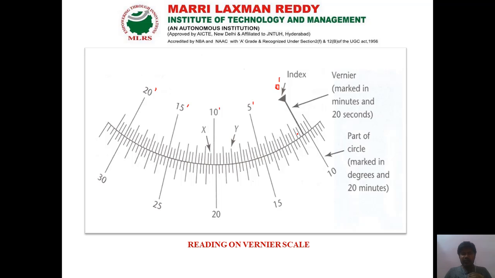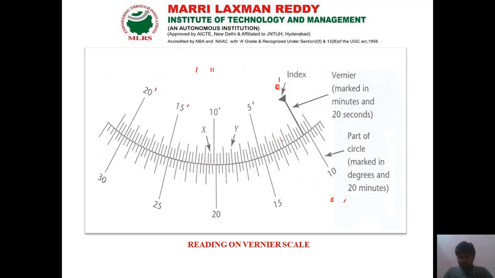So how to read the Vernier scale reading, I will explain here. First, in front of this index line, we have to check what reading is available. Here the main scale is in degrees and minutes, and in the Vernier scale we can read minutes and seconds.